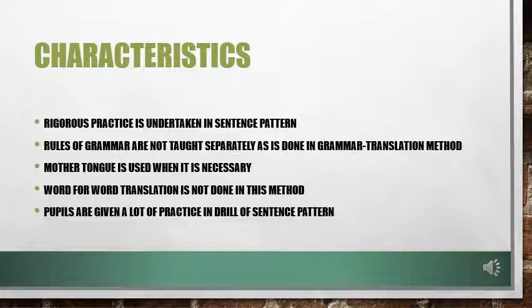Like the direct method, we have to follow the same thing in the bilingual method. In the grammar translation method we use the formal method, which means rules are taught to the students first, and then examples follow. But in the direct method, examples are given to the students, and later the rules are derived from the examples.